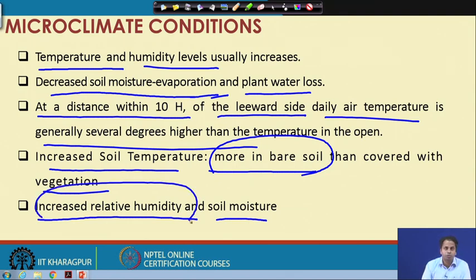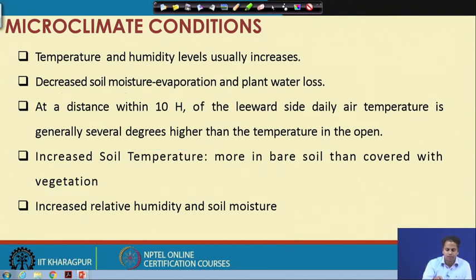If relative humidity is too high, then there are chances of attacks from pests and disease. So, these are the microclimate variables that are modified because of the placement of shelter belts.